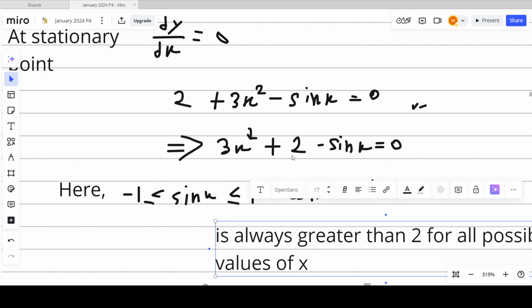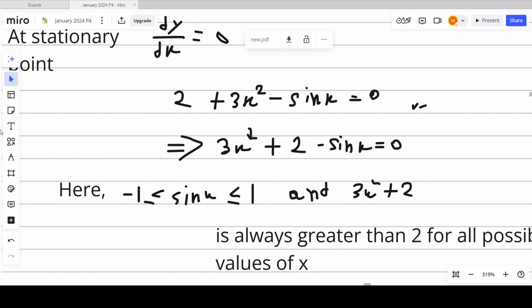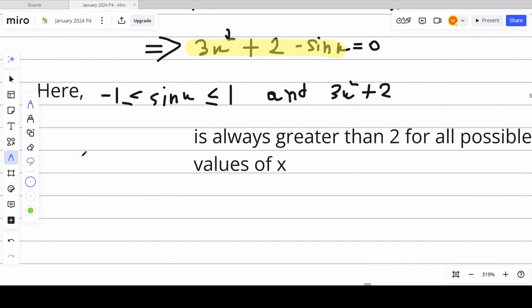So what does it mean? That means the value of this whole equation can never be 0. Hence no roots. Hence the equation has no roots.